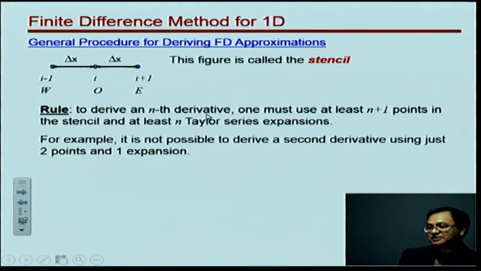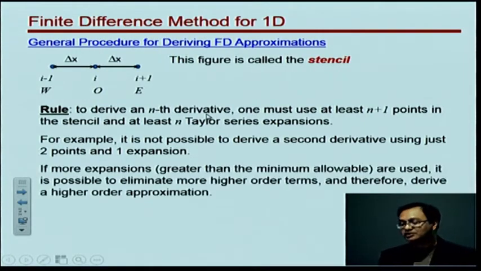Now you can go beyond that. You can use 5 points and 4 Taylor series expansions to derive a second derivative. What will end up happening is, in that case, you will get a higher order scheme. Instead of your error being second order, you will find that your error will be maybe fourth order. So the order of the scheme can be increased by using more Taylor series expansions.